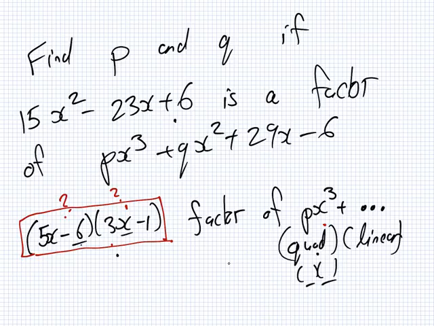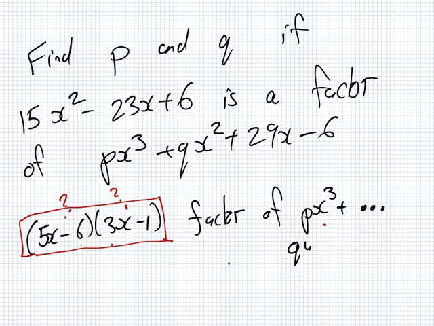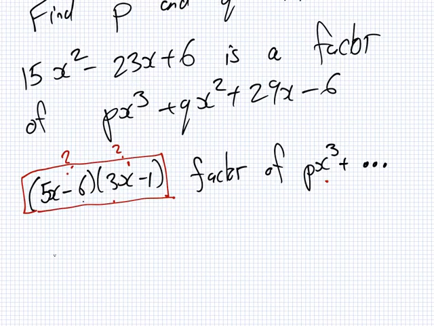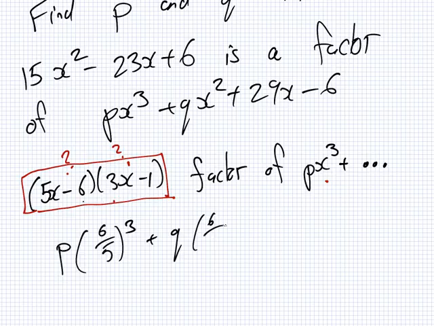So it is justifiable. You probably don't care about that, but I felt it was important to explain why what you did worked. So if these 2 are factors, it means you can say P times (6/5) cubed plus Q times (6/5) squared plus 29 times 6/5 minus 6 equals 0.